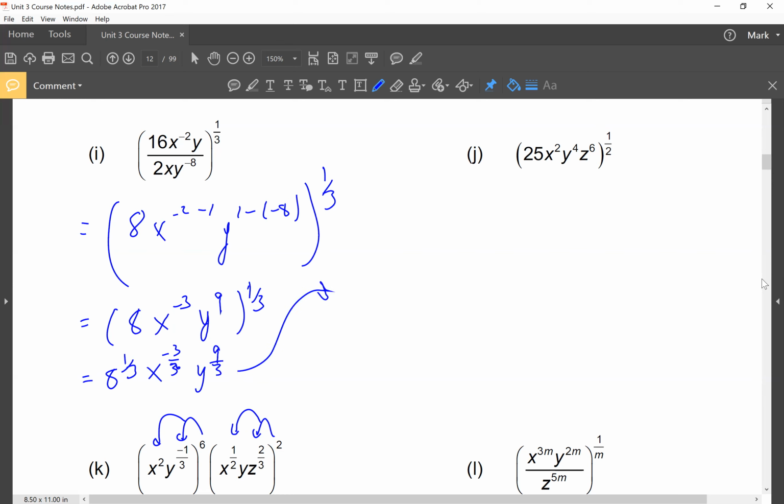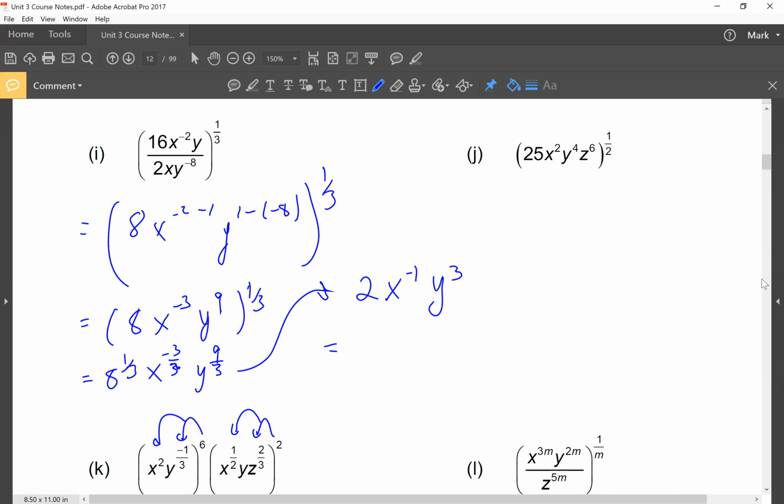So what this ends up being is 2. Now, if you don't know where I got the 2, you can do this on your calculator. 8 to the power of 1/3 is 2. X, I get -1. And y, I get 3.